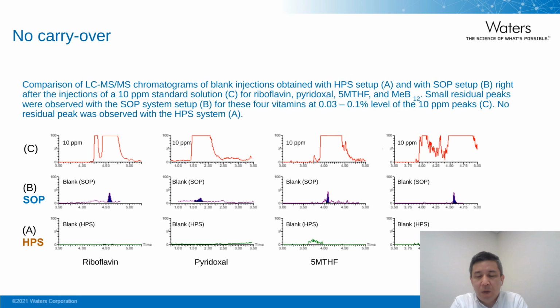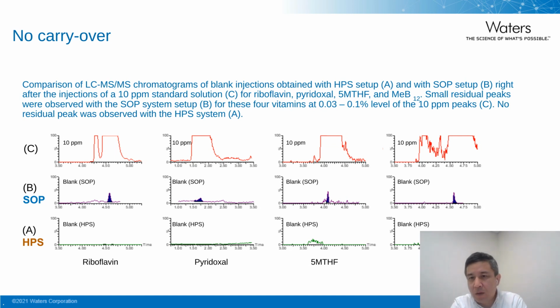Row B, the middle row, is the blank injection chromatogram with the SOP setup right after the injection of the high concentration standard. You can see that in the blank injection, there are some residual peaks left over from the previous injection. This is carryover. The level of carryover ranges from 0.03% to 0.1%, which is not very high, but still evident.